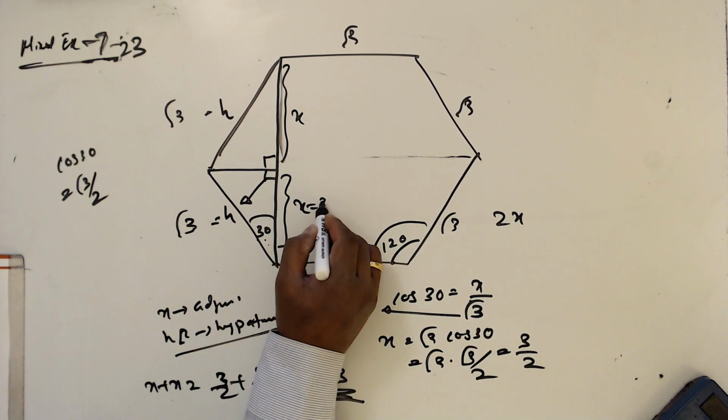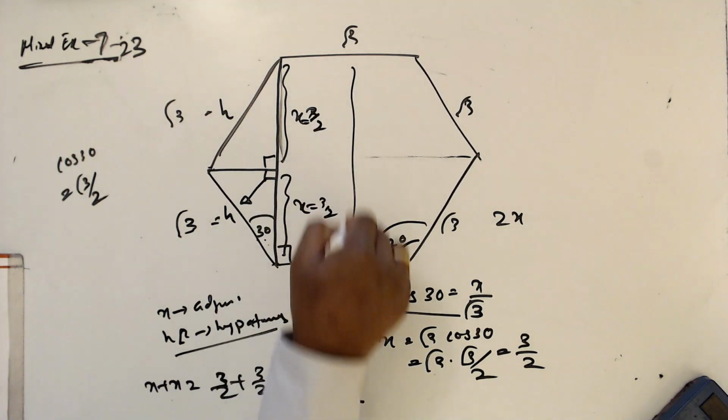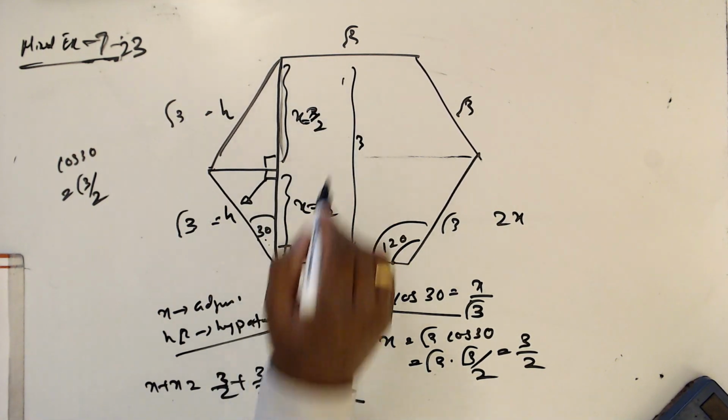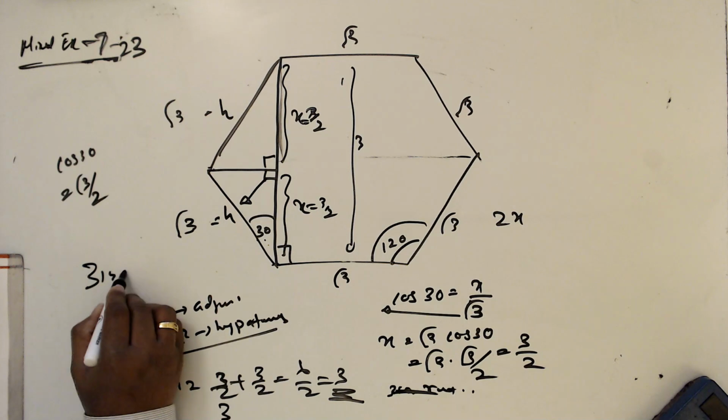So this distance is 3 over 2, this distance is 3 over 2. It means the whole distance is 3. But 3 is a rational number.